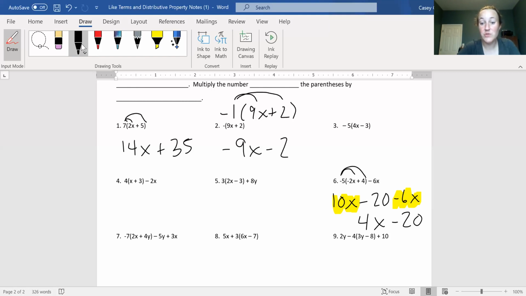Okay. So I'll do one more, and then I want you guys to try. Let's see here. So taking a look, I'm going to go back up to 3. So let's distribute that number that's right outside the parentheses. -5 times 4x would be -20x. Make sure that's going down on your paper. -5 times, this is a -3.